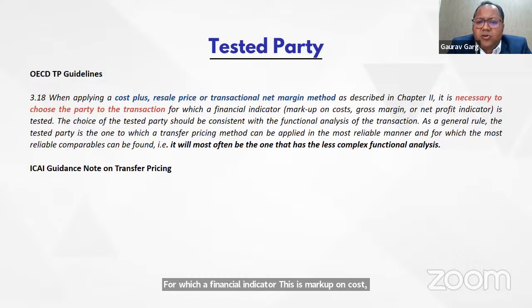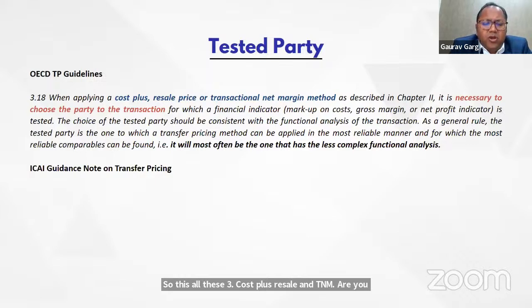Markup on cost is for the cost plus method. Gross margin is for the resale price method. And net profit indicator is for the transactional net margin method, that is TNMM. So generally, for these three methods, we choose a tested party. All three methods, cost plus, resale, and TNMM, are one-sided methods.